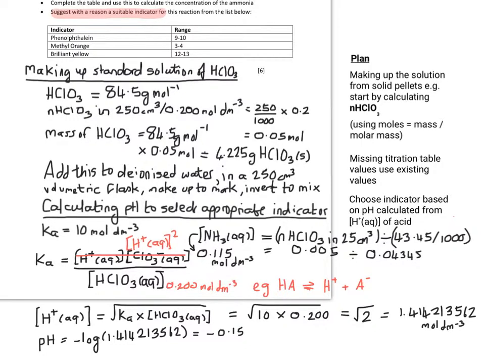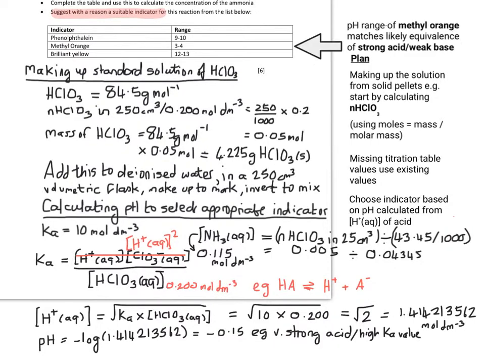That means that you've got a very strong acid, which is supported by its high Ka value. So, how would you choose a suitable indicator? Well, looking at the pH ranges of the indicators, the pH range of methyl orange is around 3 to 4.